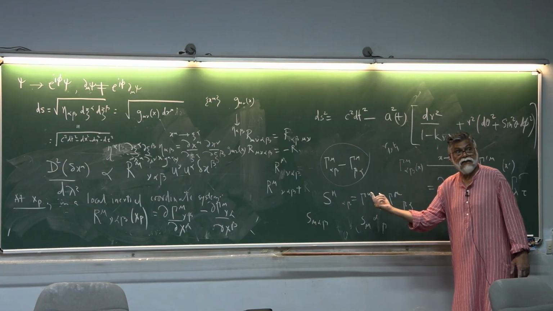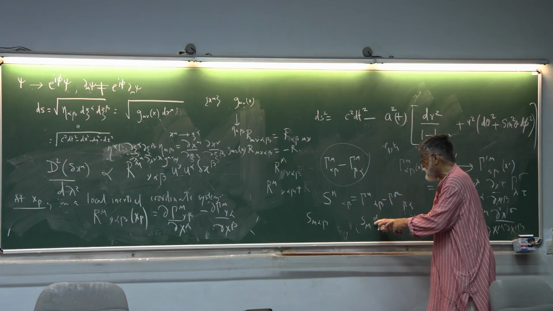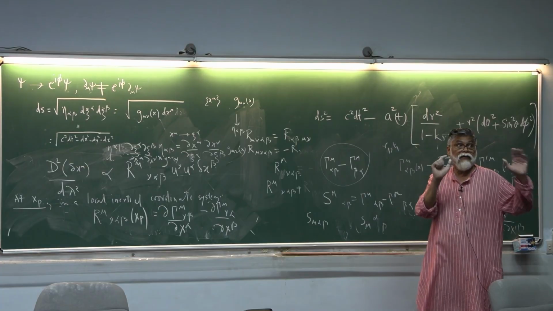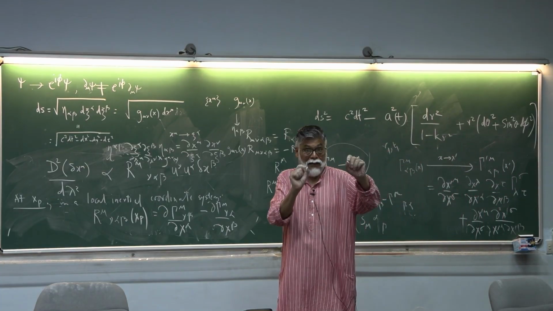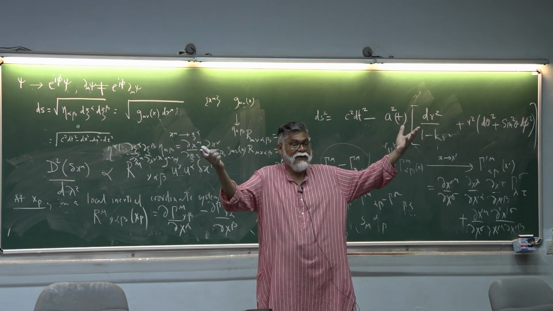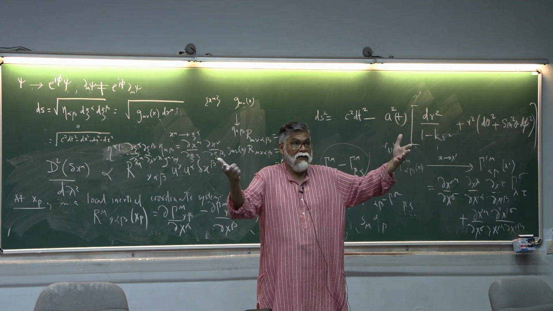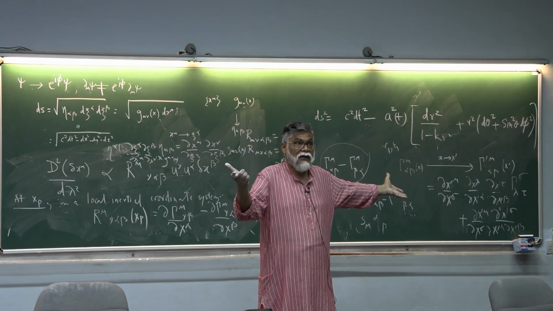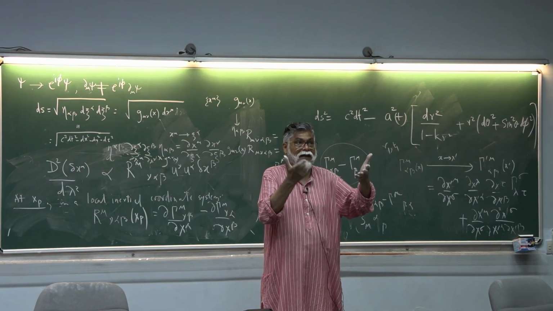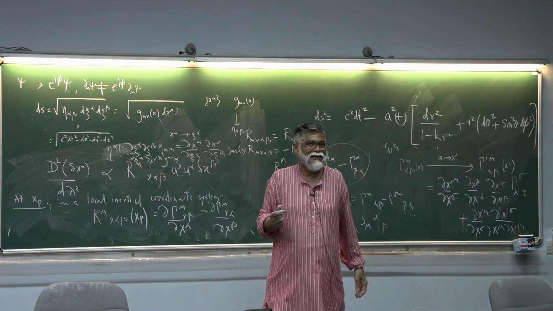This is not the same as this. So you have to be very, very careful. People who work with torsion must be careful, otherwise you might feel you have got a non-trivial result, but it may be a mistake because you were not paying attention to how you were raising the indices.